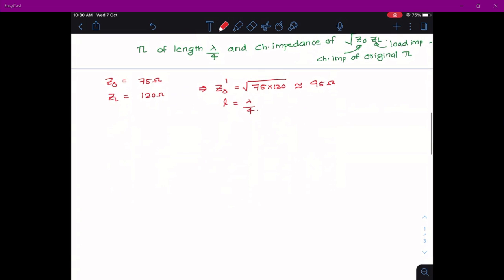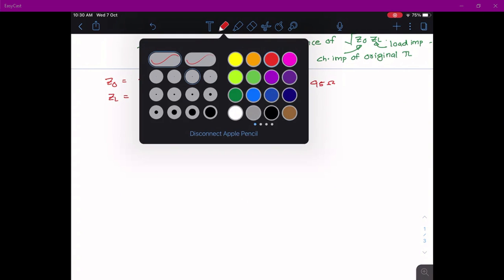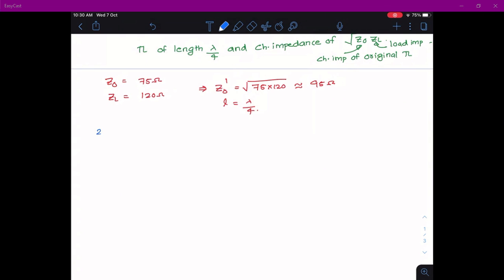Now the other matching technique involves the Smith chart. The second matching technique is called single stub tuner or single stub matching.